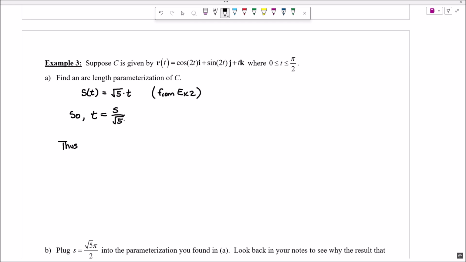Well, now that means I could actually go to my r of t formula, and I can turn it into an r of s formula.